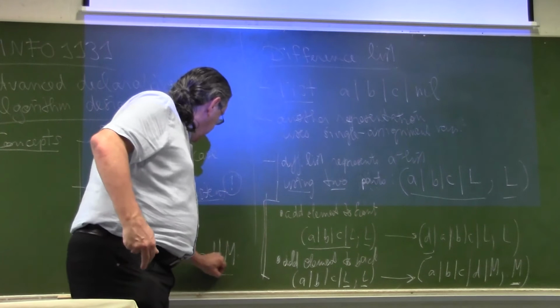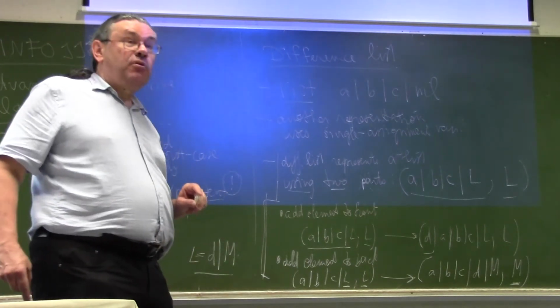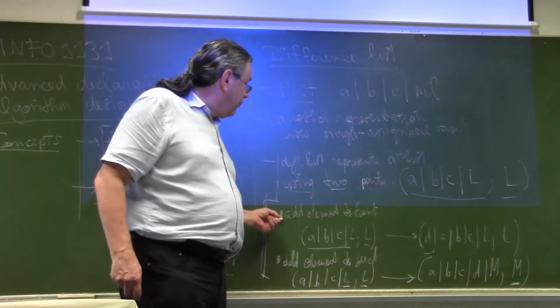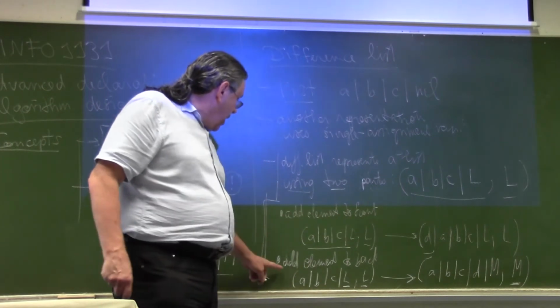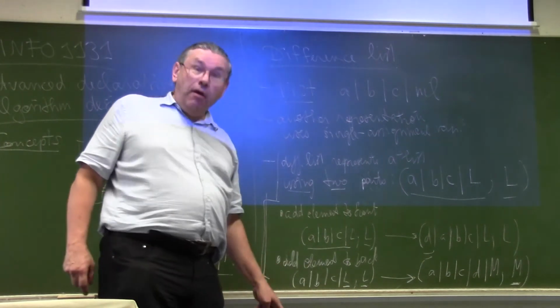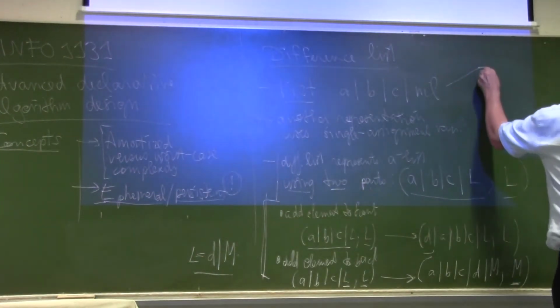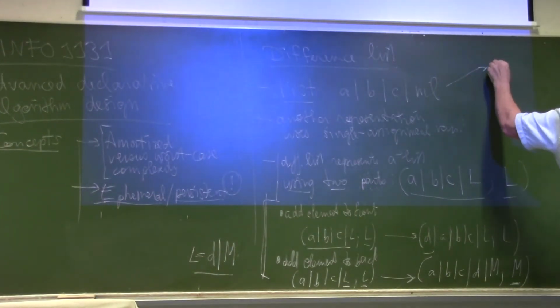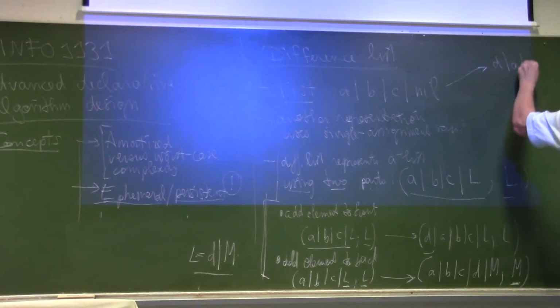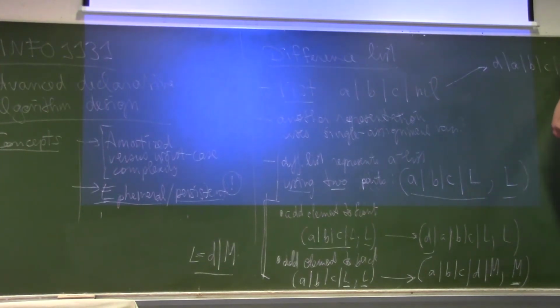So you can see that with a difference list, it's possible to add an element to the front in constant time, and an element to the back, also in constant time. Whereas for a regular list, you can only add to the front in constant time: we do D, A, B, C, nil.